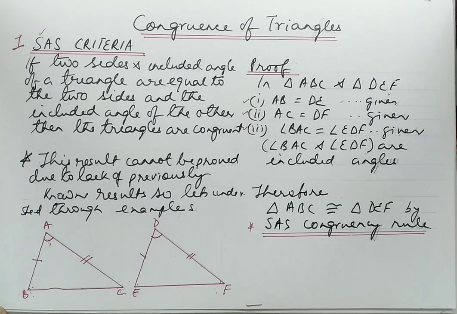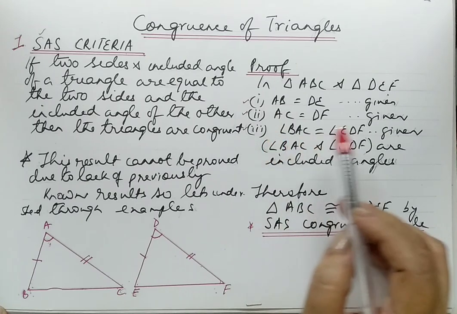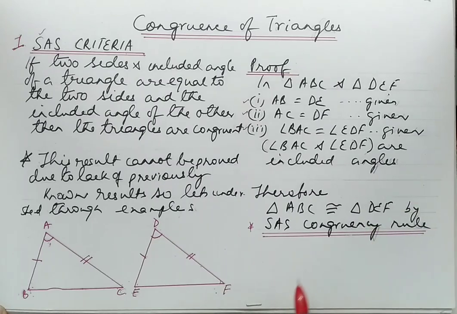Now, having proved the congruency by merely having three valid statements with reasons, we are able to get hold of so many more things. Here, three elements are known to us to be equal. We also get that angle B equals angle E, angle C equals angle F, and BC equals EF.